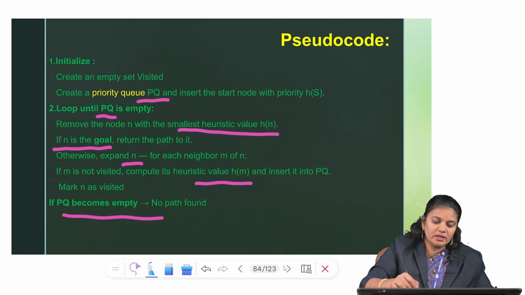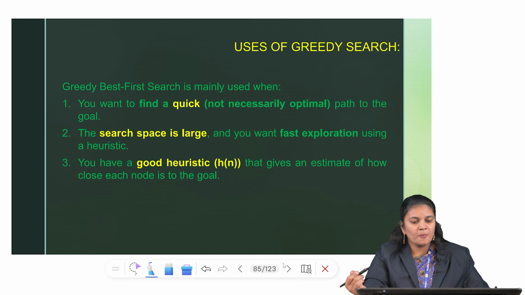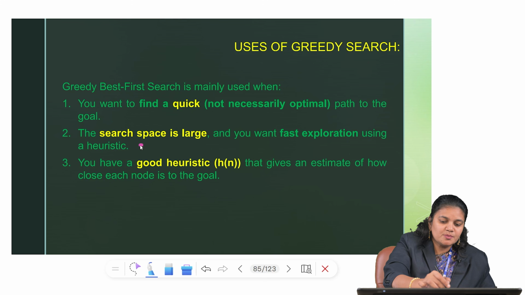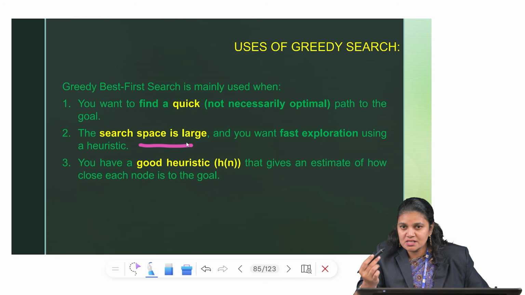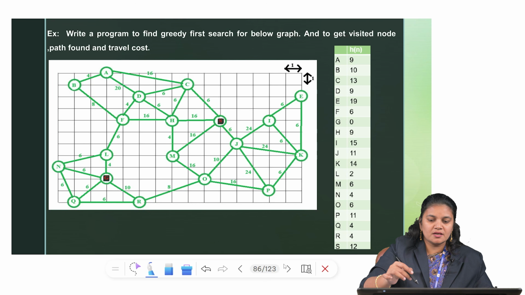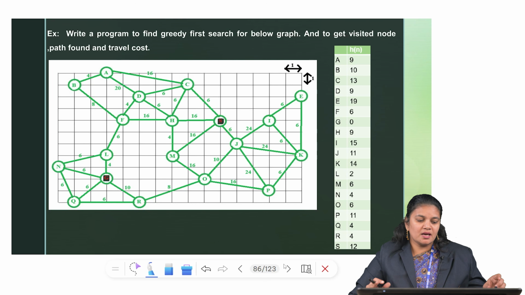We'll complete it with either a solution or without a solution. What are the uses? This is faster. And the search space is very large. This is one of the disadvantages. But if our heuristic value is a very good approximation, then we will get the solutions much faster.